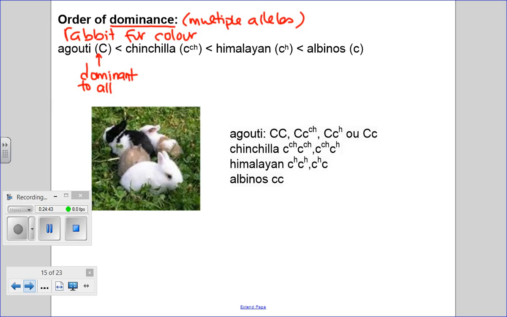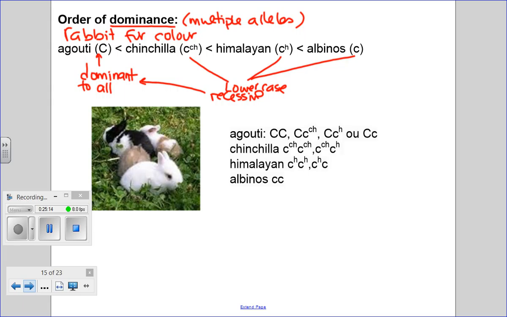For the other ones, they all have lowercase letters, which means they are recessive to that first one, but not necessarily to each other. According to this, chinchilla is recessive towards agouti, but dominant towards Himalayan. The same thing is true for Himalayan.